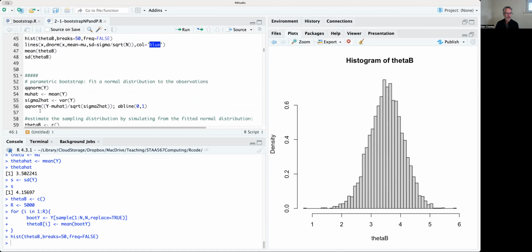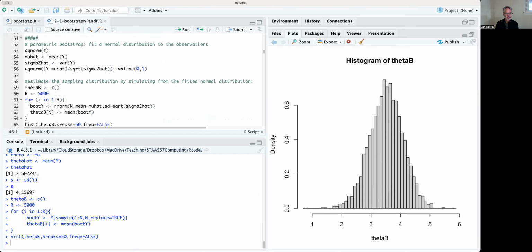Here is doing parametric bootstrap. I'm going to skip that, but you can see that what is done is you estimate the mean and the sigma from your observed data, and then you repeatedly sample from the fitted distribution.